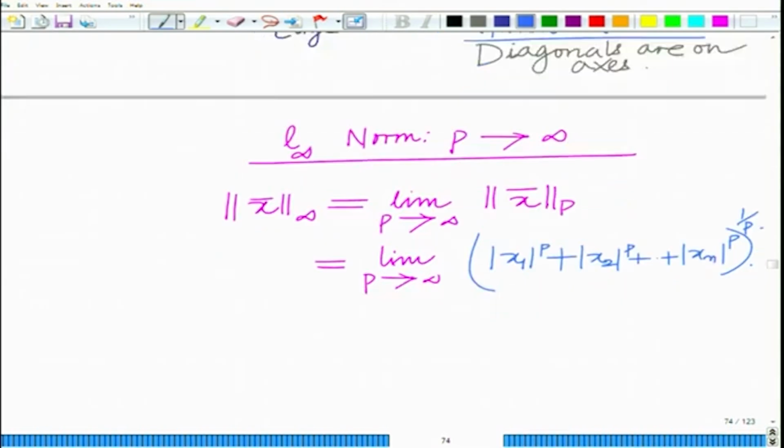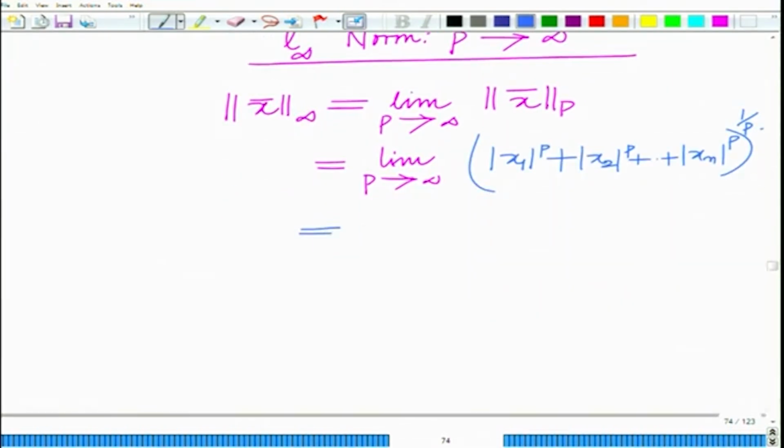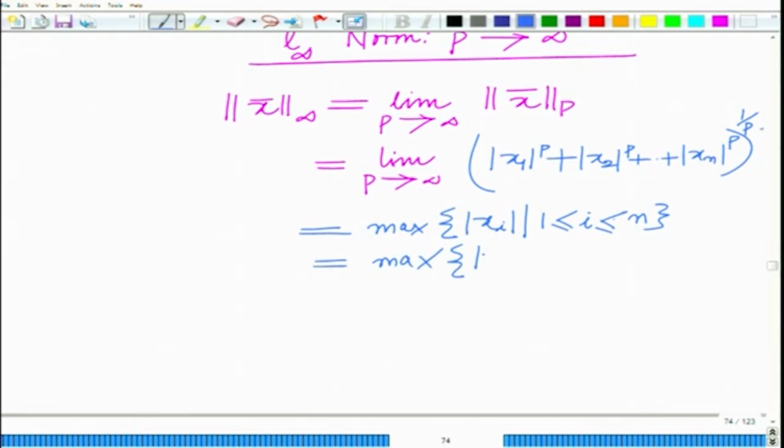whole to the power of 1 over p, which can basically be shown to be the maximum of magnitude xi, 1 less than or equal to i less than or equal to n, which is simply the maximum of magnitude x1, magnitude x2, and so on up to magnitude xn.